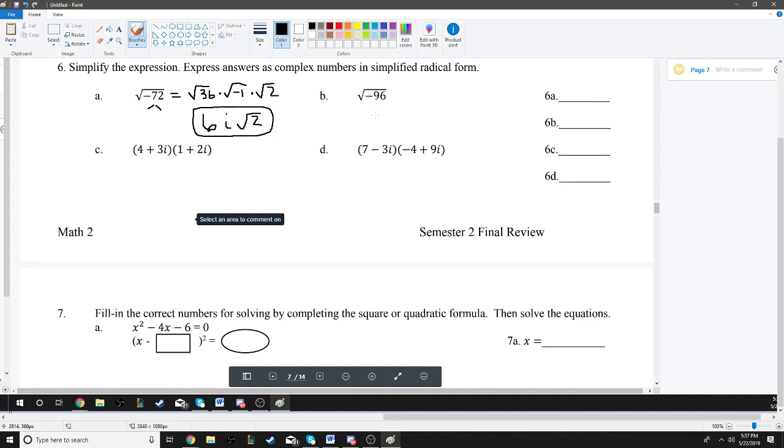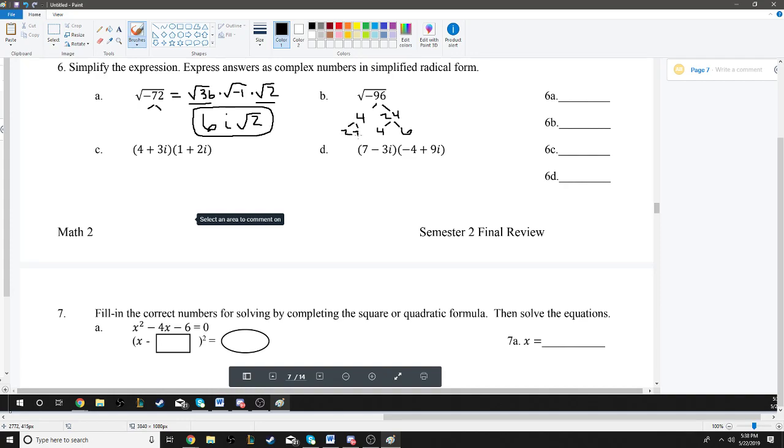Square root of negative 96. Okay, so I was able to just do this without doing the factor tree because I knew that 36 was a perfect square number. Sometimes you won't always be that lucky, so let's do it like this and see how we do. So that's a 4 and a 24 that I'm going to use. And 24 is going to be a 4 times 6.